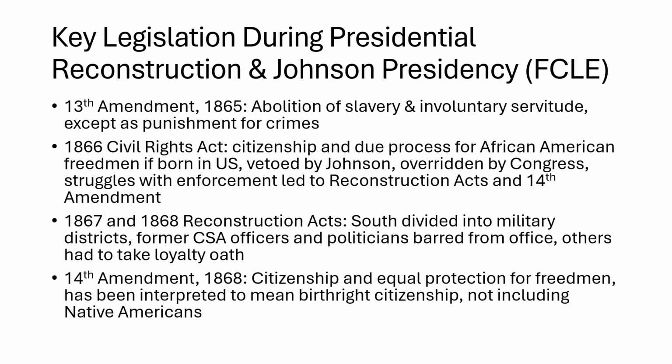Here are some important pieces of legislation that were passed during the Reconstruction era that are going to be relevant even beyond the 1870s. The 13th Amendment, 1865: abolition of slavery and involuntary servitude except as punishment for crimes. And you have the 1866 Civil Rights Act as well. So the 13th Amendment allows for involuntary servitude if it's a part of a prison sentence.